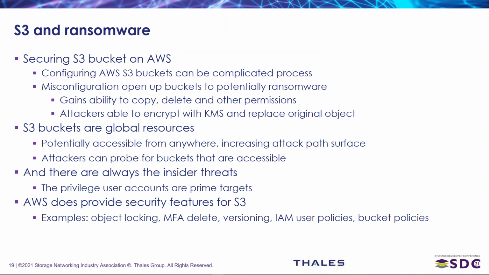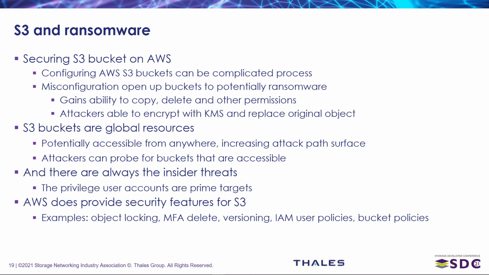Poorly configured bucket permissions, allowing someone to copy and delete objects, can allow an attacker to replace the data with an encrypted version, which is basically ransomware. Also, S3 buckets are global resources, meaning that they can potentially be accessible from anywhere. An attacker does not need to gain access to the system, as normally happens with most ransomware.